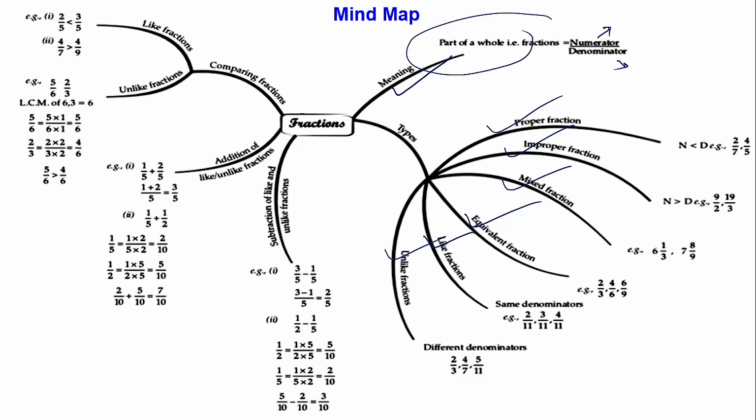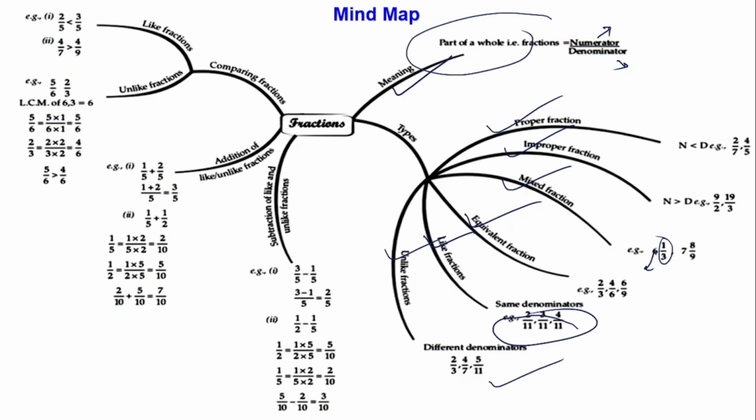Proper means the numerator is less than the denominator, improper means the numerator is greater than the denominator, mixed means a natural part and a proper fraction. Equivalent means when we multiply by any number except 0 and 1, then we get an equivalent fraction. Like fractions mean the denominators are the same. Different denominators are called unlike fractions.